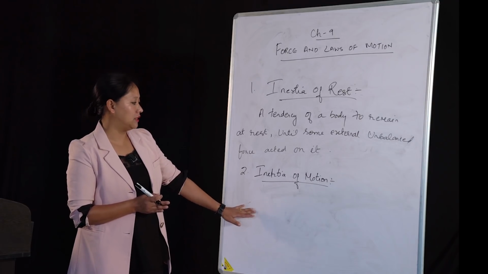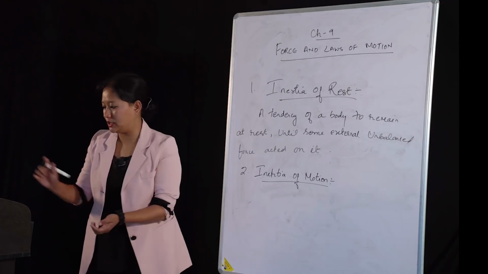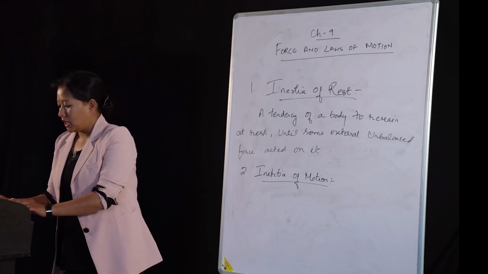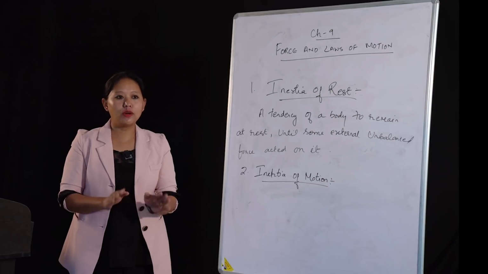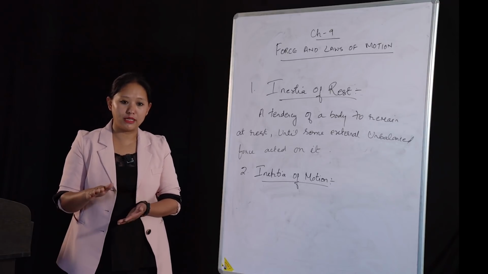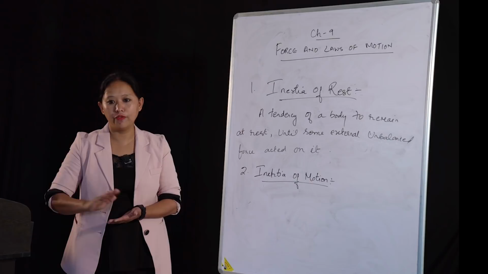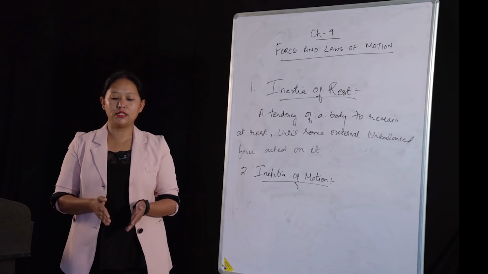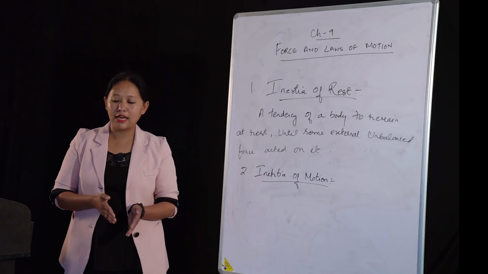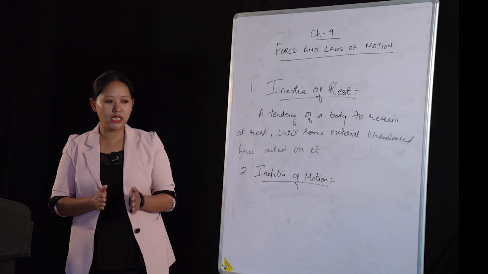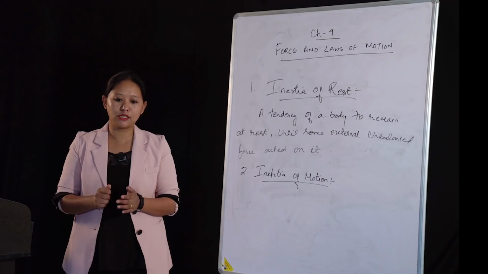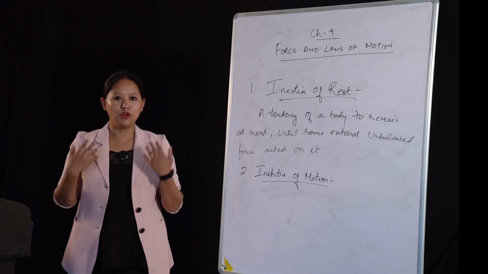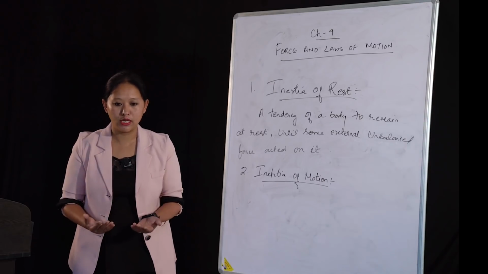I will not write this definition on the board, let's not consume time. For example, you are sitting or standing on a moving bus. The bus is not at rest, but moving. If the bus suddenly stops, what will happen? Your body will move forward.